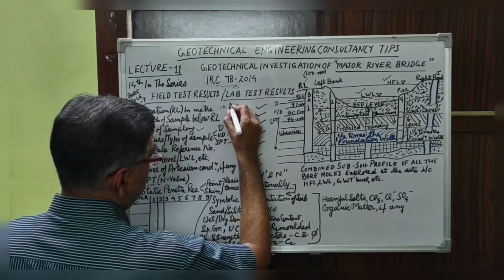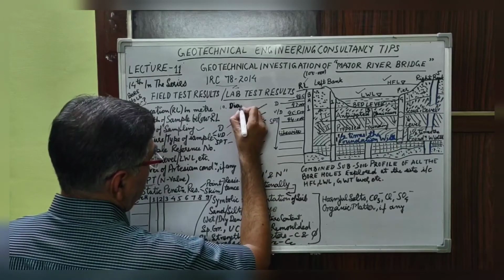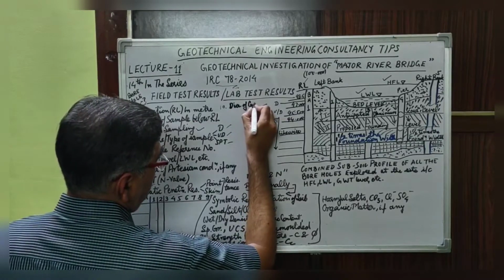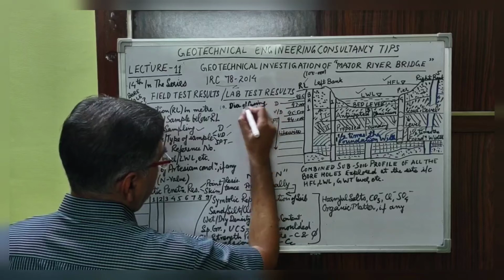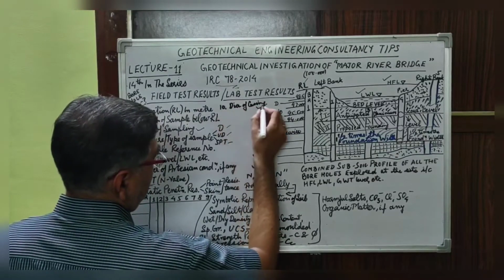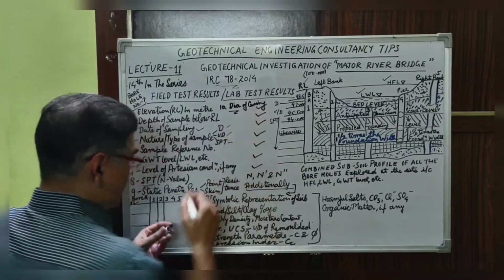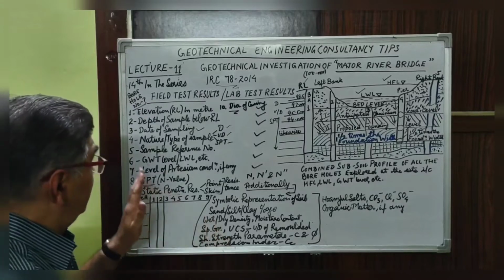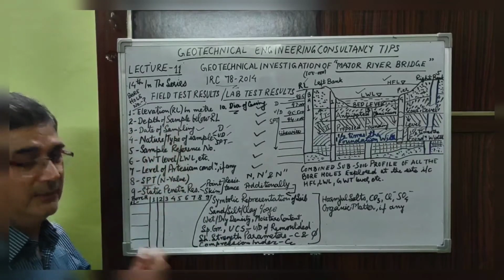The dia of casing or the dia of the borehole as item number 10 in this field test results chart.